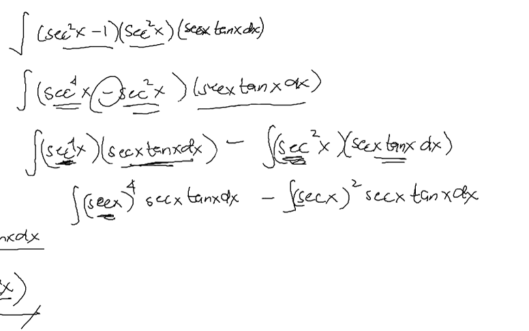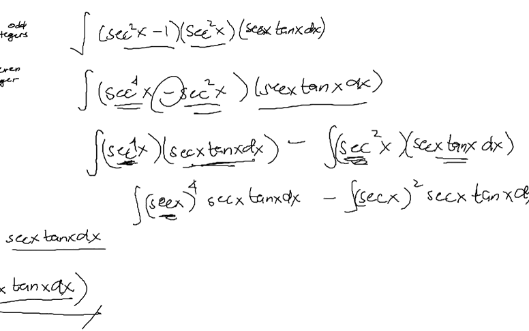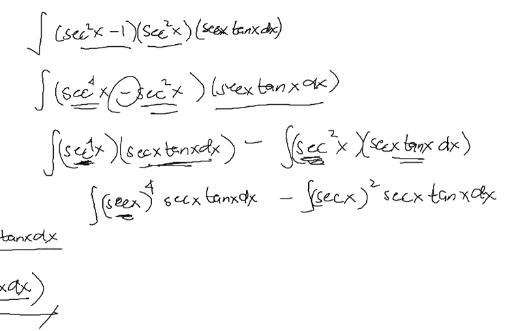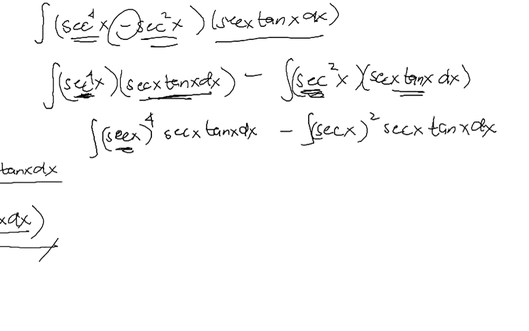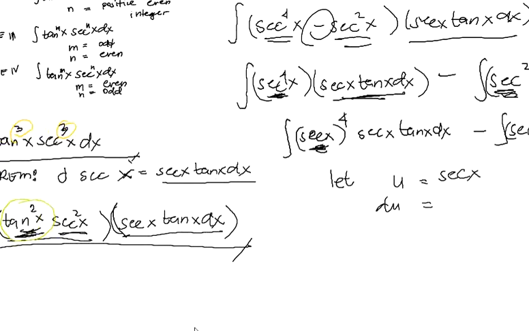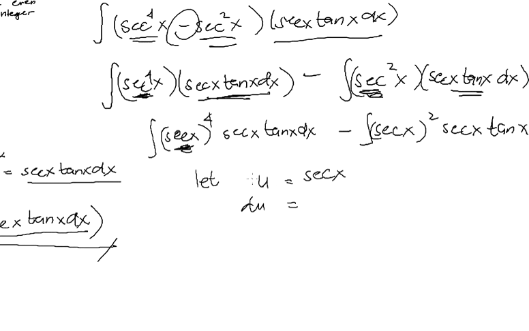Okay, so from here we can now use the change of variables. We let q equal secant x, and once again the derivative of secant x is just this term, secant x tangent x dx.